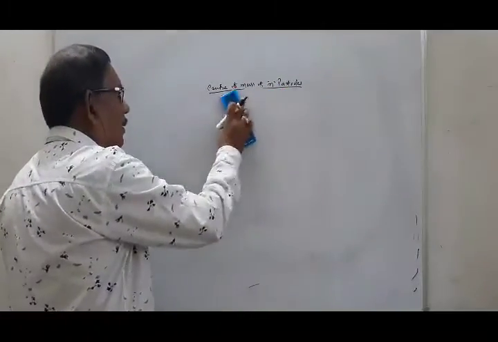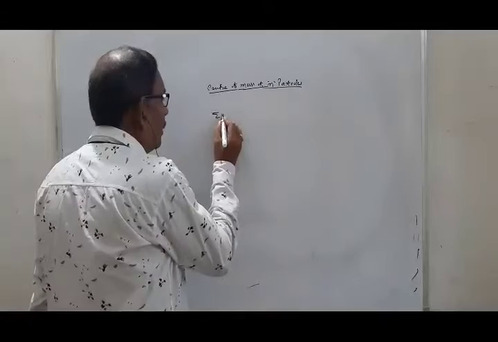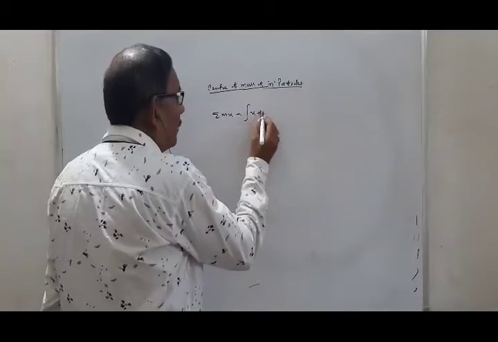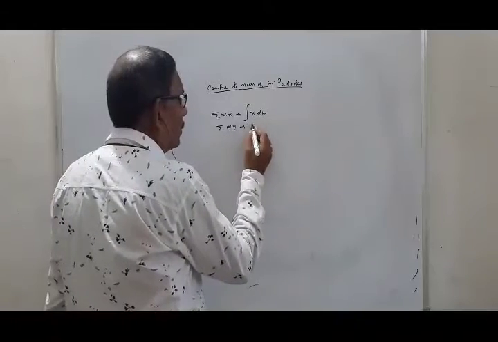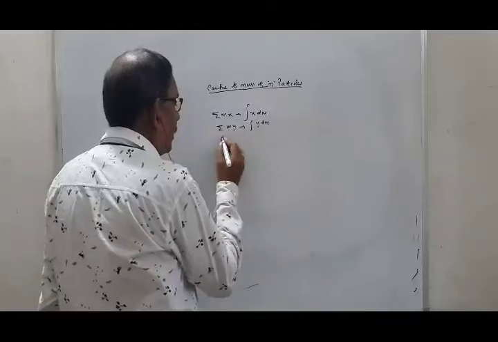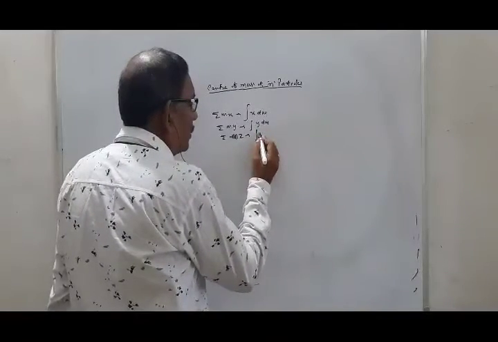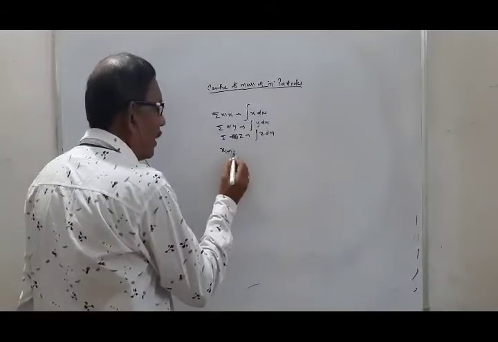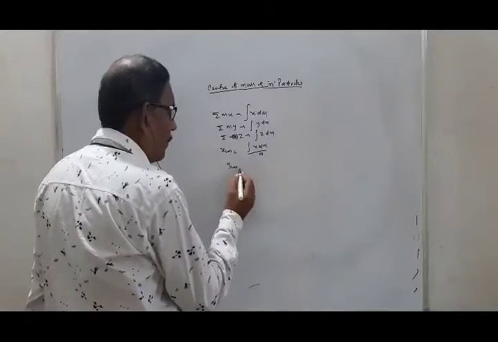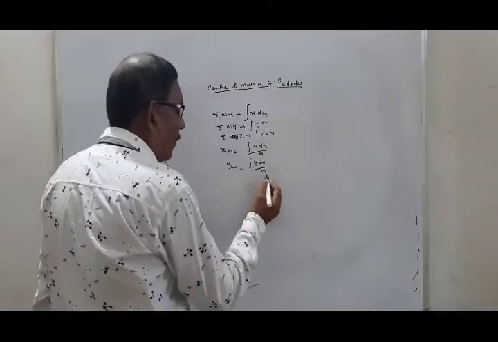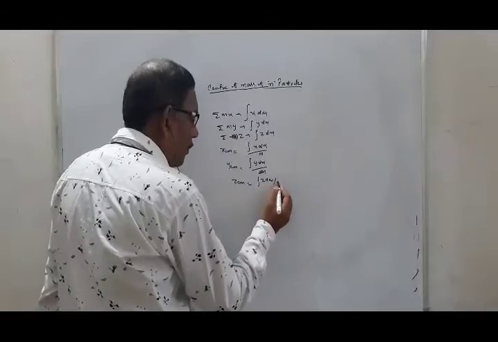If the mass distribution is continuous, then you should change the summation Mx in terms of x dm, the summation of the y coordinate, that is y dm, and the summation of Mz equal to z dm. So the center of mass becomes like this: XCM is equal to integral x dm by M, YCM equal to integral y dm by M, and ZCM equal to integral z dm by M. Okay.